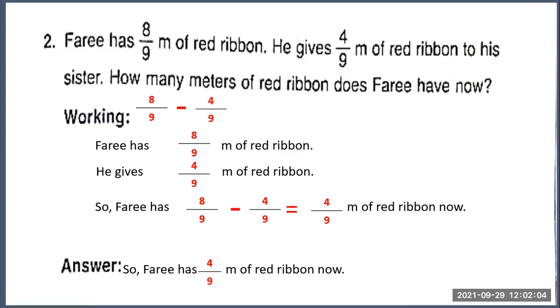He gives 4 over 9 of the ribbon. Since the denominators are the same, we subtract: 8 minus 4 is 4. So the answer here is 4 over 9 meters of red ribbon left to Fari.